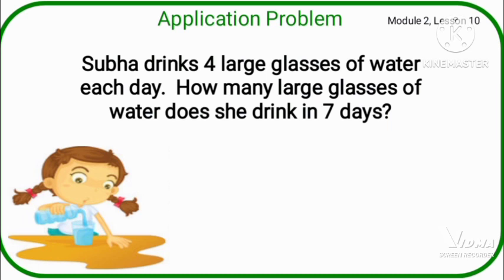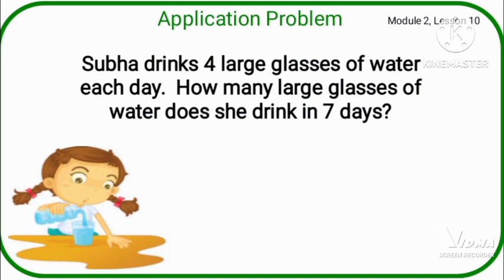Here's an application problem. Sober drinks 4 large glasses of water each day. How many large glasses of water does she drink in 7 days? This question is so easy. What we know, each day, 4 large glasses.